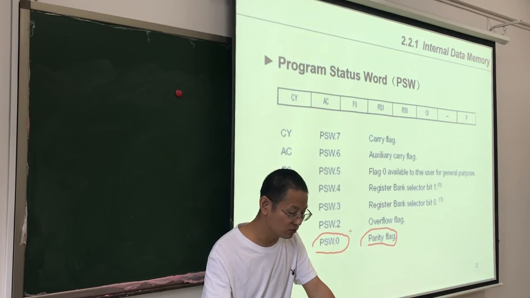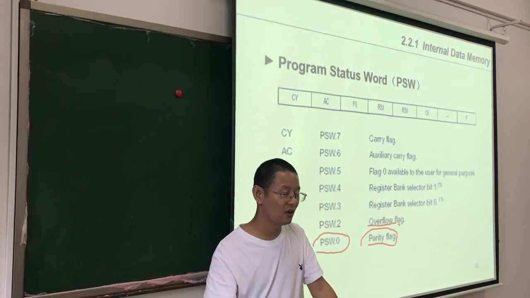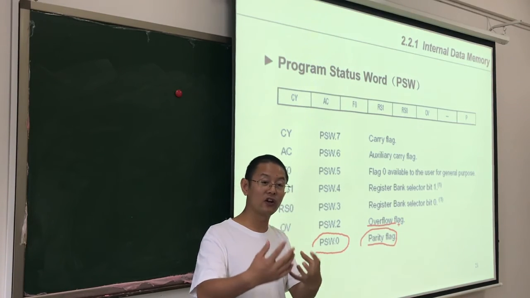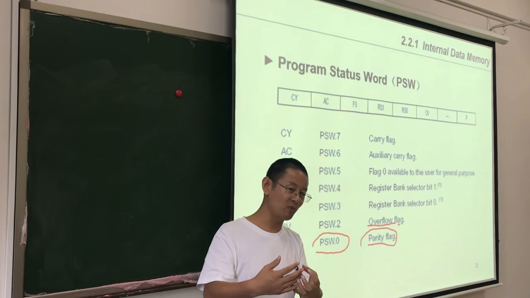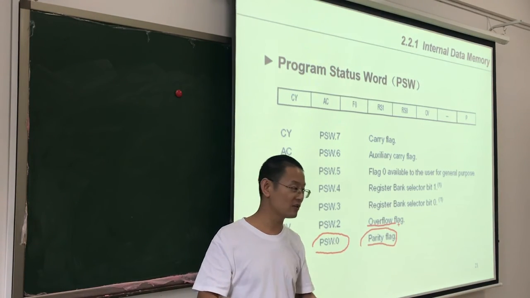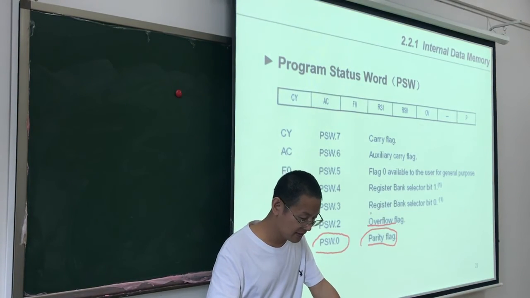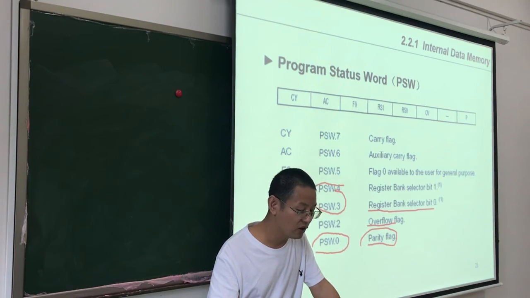PSW.2 is the overflow flag, which means when your data overflows, this bit will be set to 1. Register bank select bit 0 and bit 1: these 2 bits are for register bank selection.